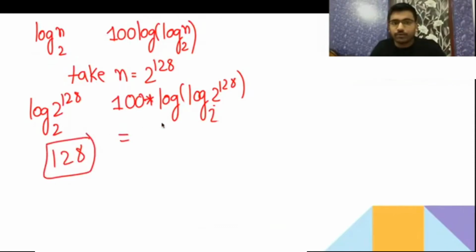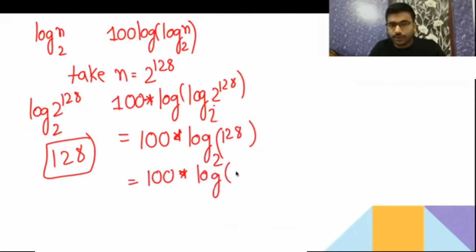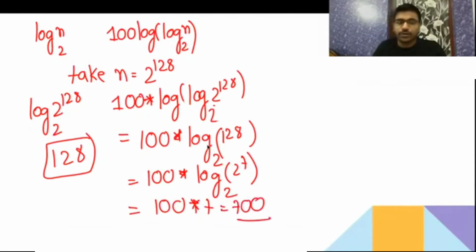Here you will get 128, here 100, then log of 128 base 2. You can write 128 as 2 to the power 7, base 2. So you are going to get 100 into 7, so you get 700. So if you are taking n equal to 2 to the power 128, then this function is greater.